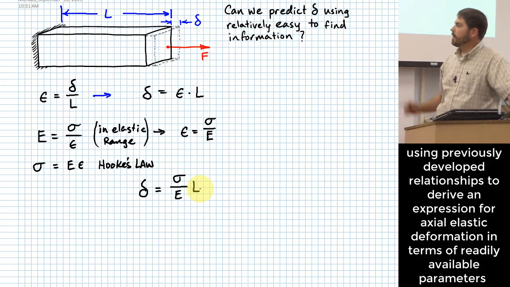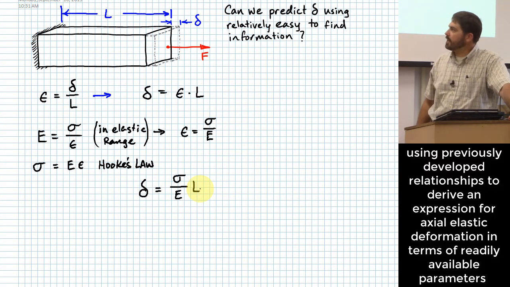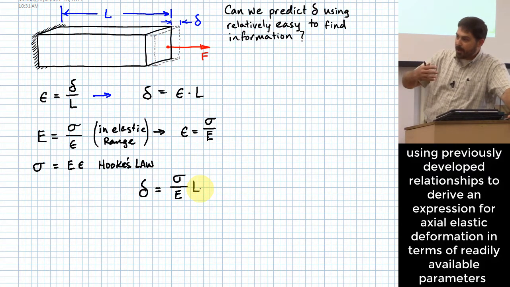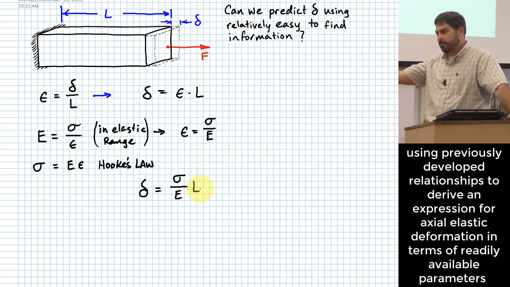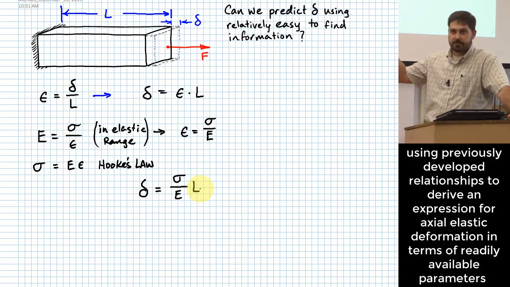Now I'll ask the same question. Stress, sigma. Is it easy to just look at this thing and tell how much stress is in it? No, but stress is related to how much force is being applied, and that's one of the things we wanted to be able to say. It's going to deflect a certain amount under a certain amount of force. So what should we do to get force into this equation instead of stress?